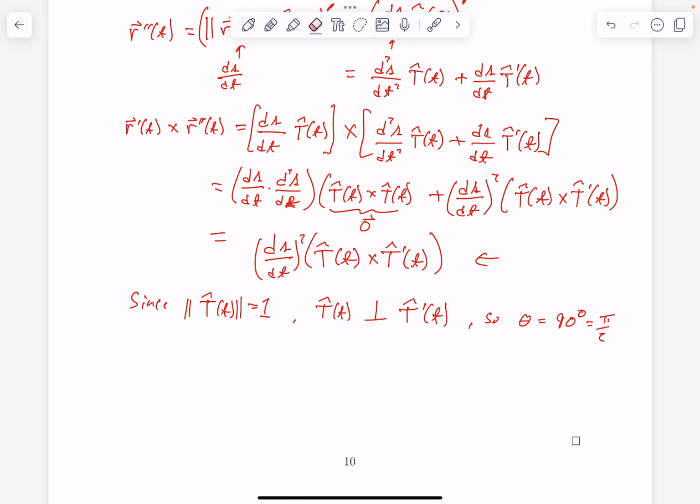So if I take the magnitude now of this thing, that's going to equal the magnitude of ds/dt squared times the magnitude here.